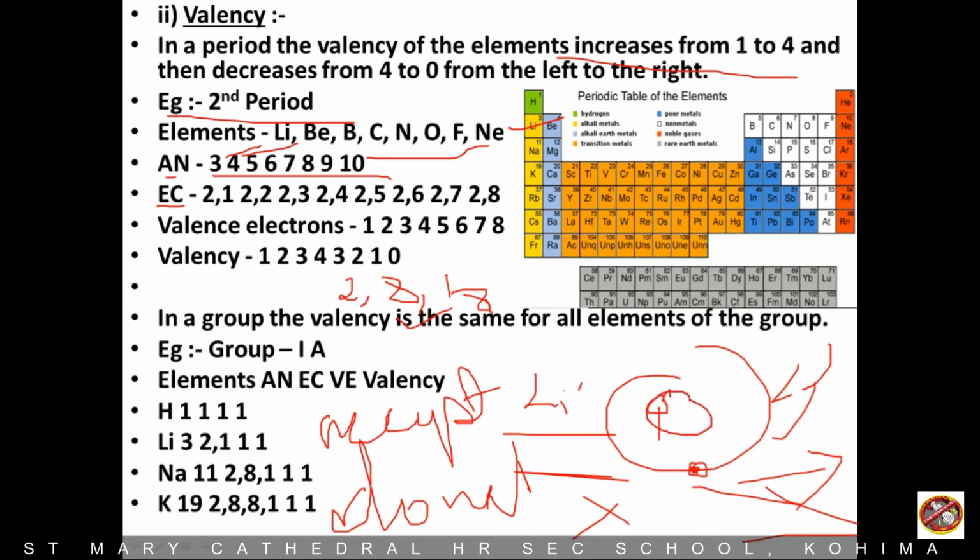Since they have 2 in the first shell, they will become stable after donating it, or they can share it. But the main option is that if they donate one electron, less energy is required to do so.